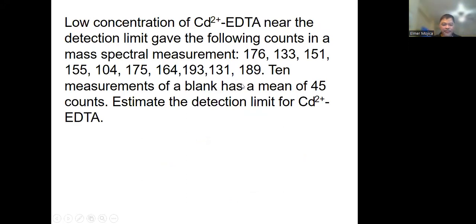So maybe we can solve this problem. What do I need to do here?